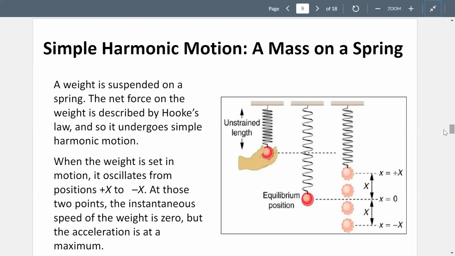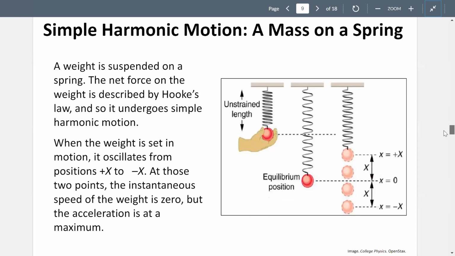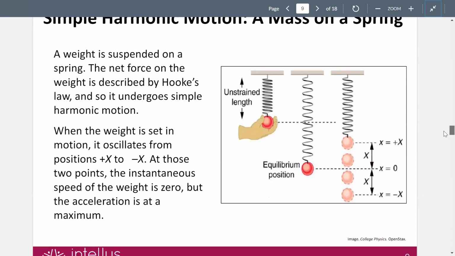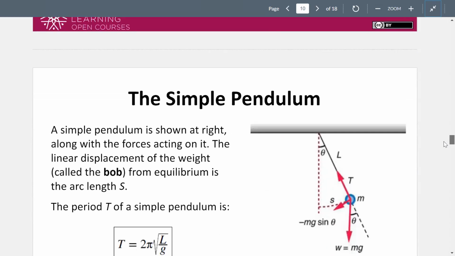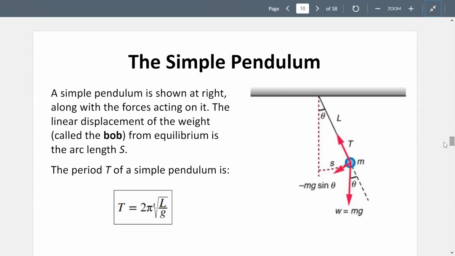Notice x equals 0 is the equilibrium position. Once you disturb it, it will oscillate back and forth between plus x and minus x. The maximum stretch is called the amplitude here, okay? Another example of a simple harmonic oscillator is a simple pendulum.